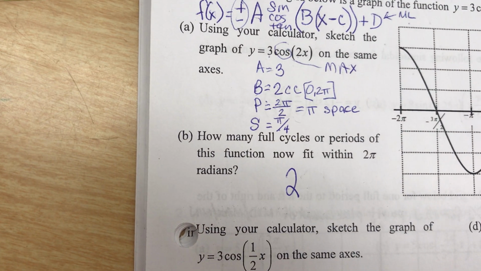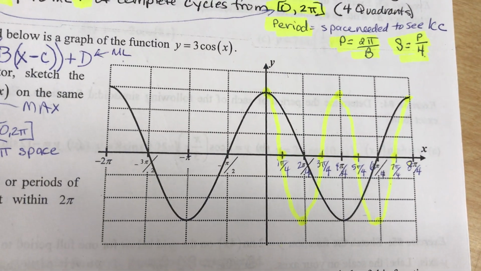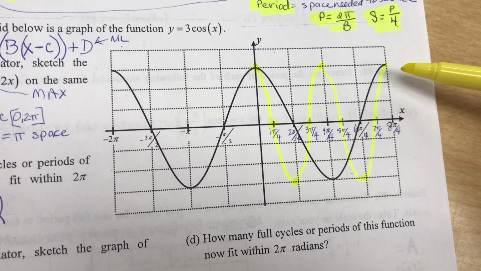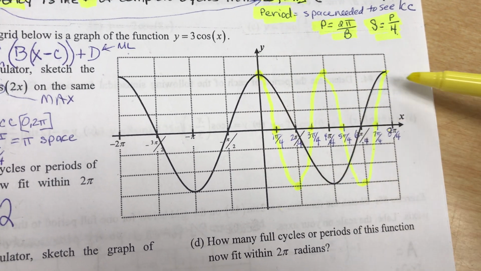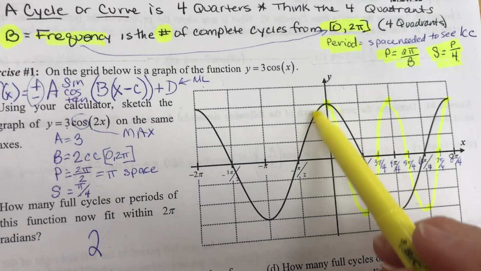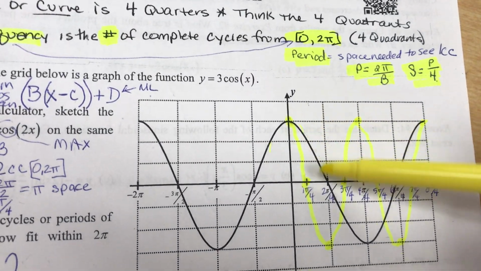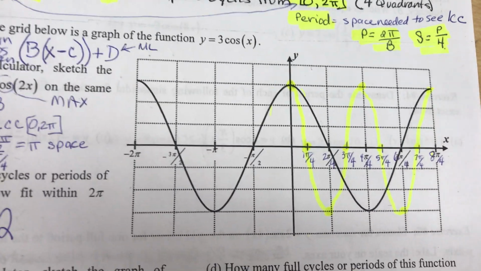And that's because B was 2. Okay, so 1 cosine curve now changed to 2. And of course that would follow along on the left side. I'm not concerned with the left side. I want you getting this down pat.